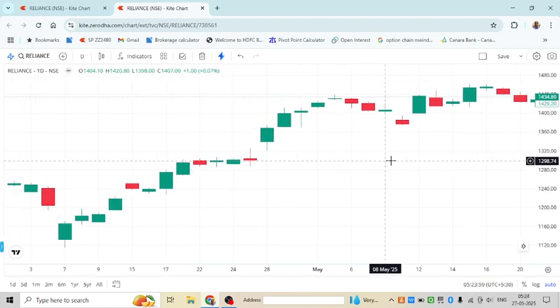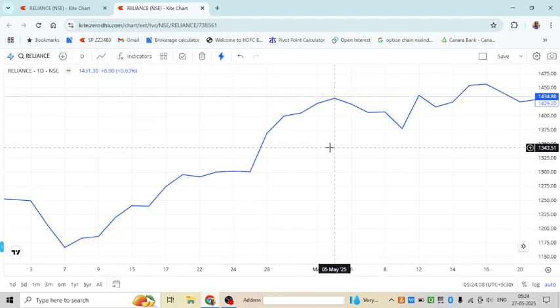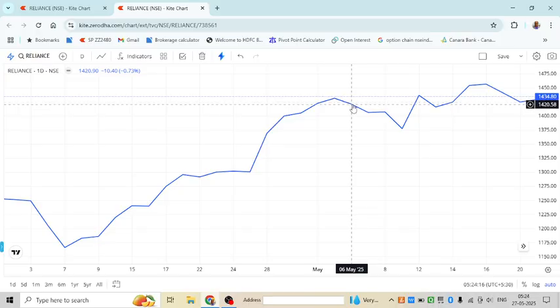Now, what is the difference between the candlestick chart and the line chart? If you draw the line chart, we see only the close rate, and that close rate is connected to the next consecutive close rate, so we see the formation of a line chart.